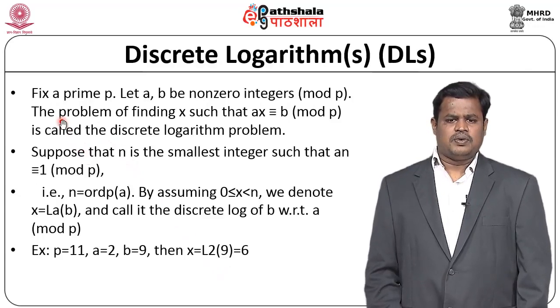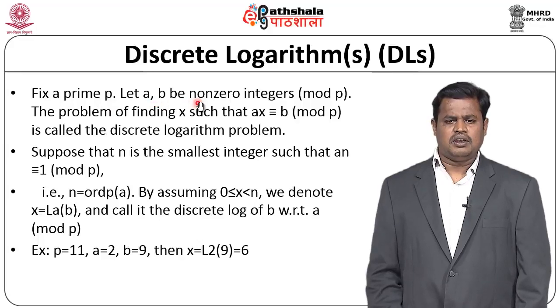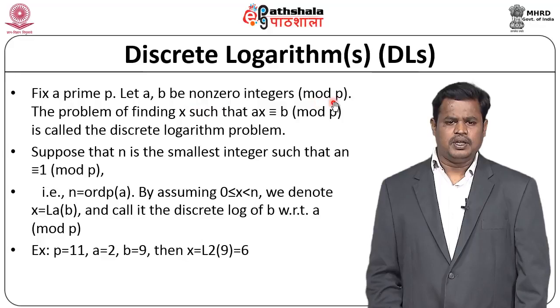So, now in the case of the discrete log, fix a prime p, let a and b be non-zero integers mod p, that means you can say a, b are non-zero integers. The problem of finding x such that a to the x is congruent to b mod p is called the discrete log problem.